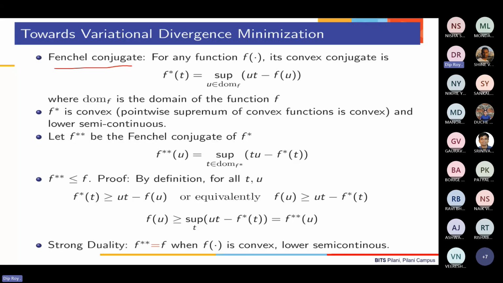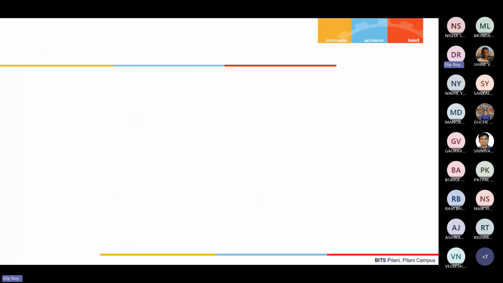And I'll not go with the slides. I'll explain you the Fenchel conjugate and how we essentially do it. Probably that will become a little bit easy for you. Okay.